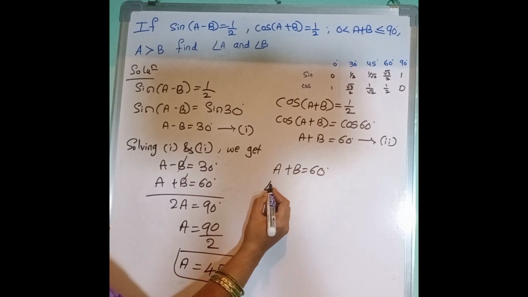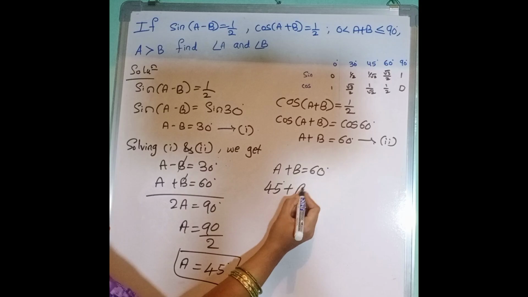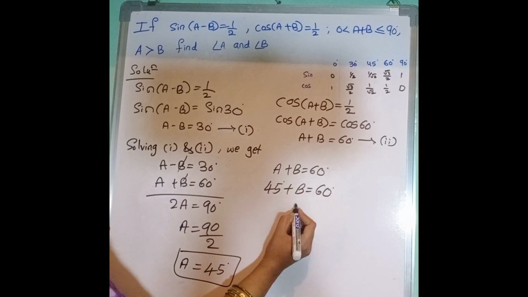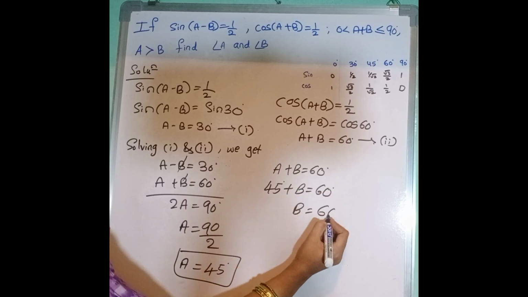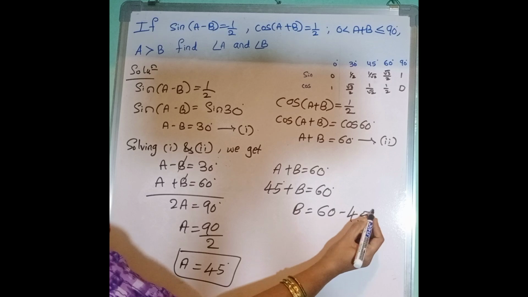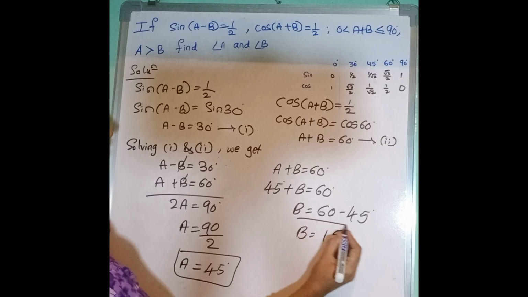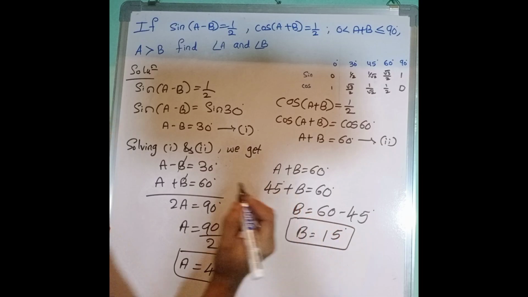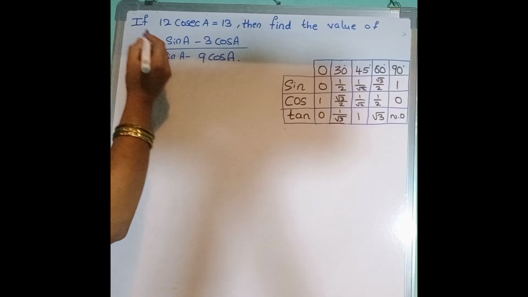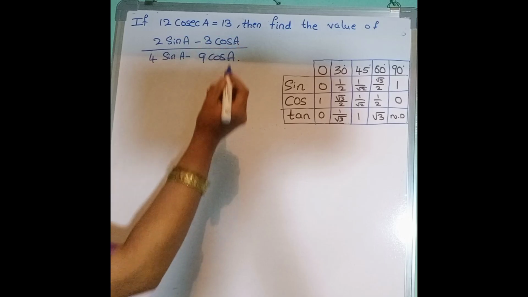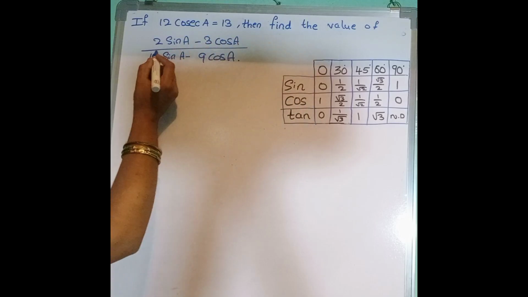The value of A is 45 plus B is equal to 60 degree. B is equal to 60 minus 45 degree. The value of B is equal to 15 degree. Understand, students?